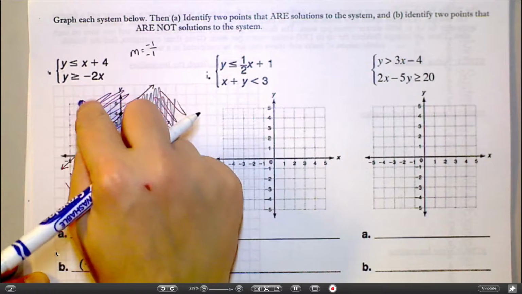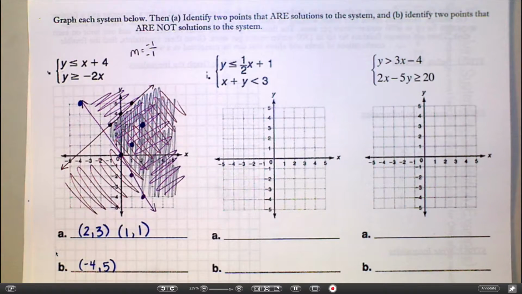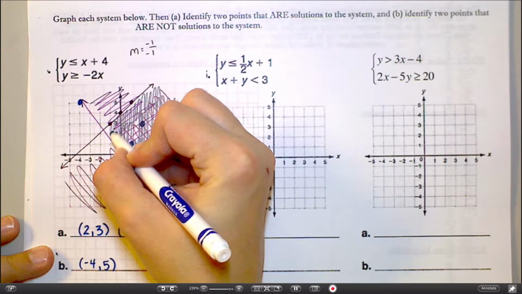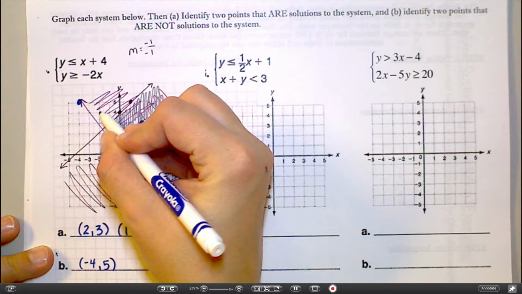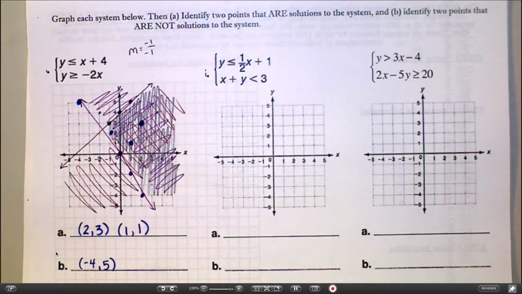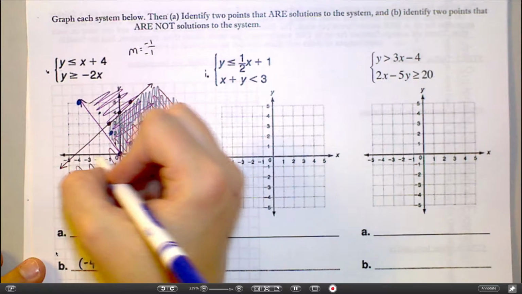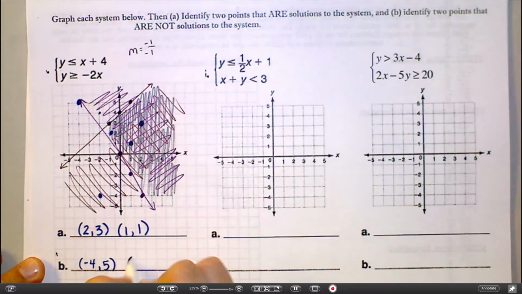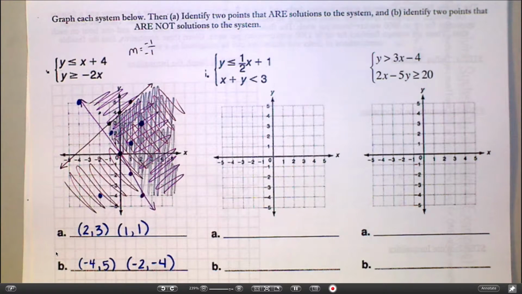If that's a solid line, remember the line itself counts as the solution, but I think my line should have been a little more angled upward. So that's fine. Pick another point that's not in the solution. -2, -4. Okay, -2, -4. So yeah, anywhere that's not double shaded. Good? Tough stuff there at all?